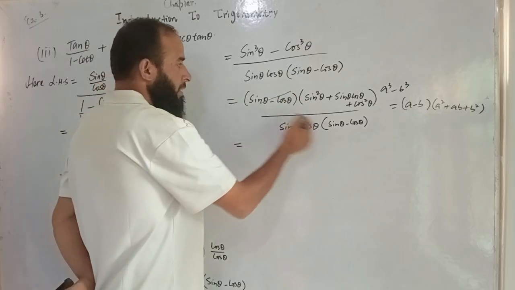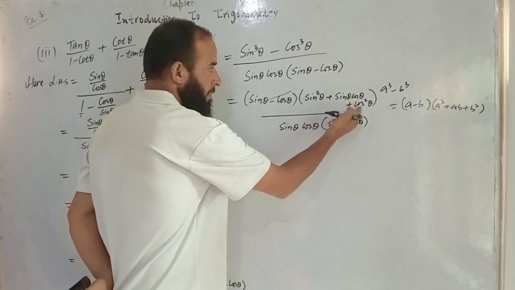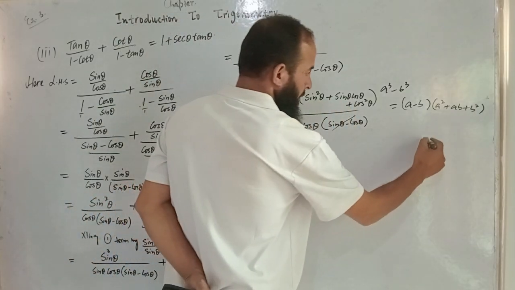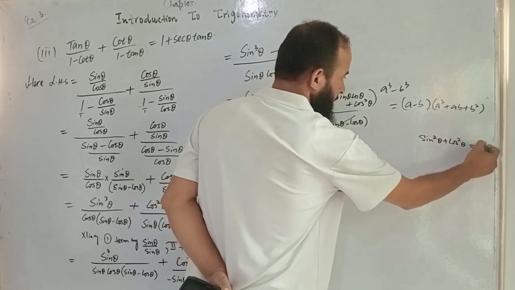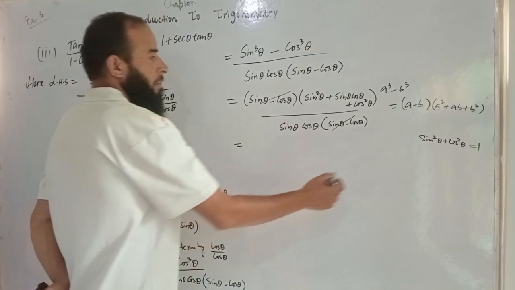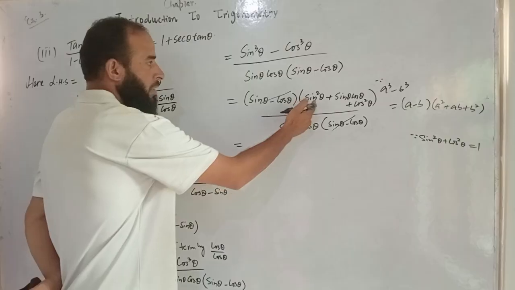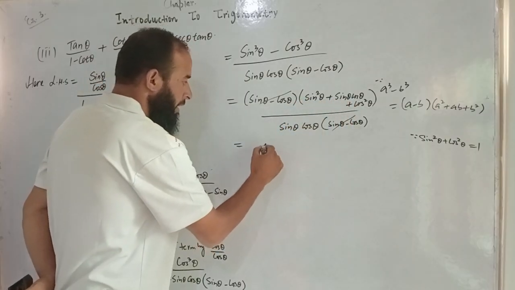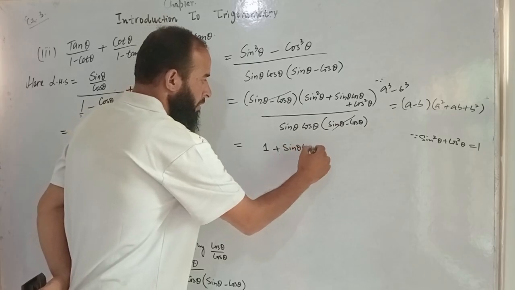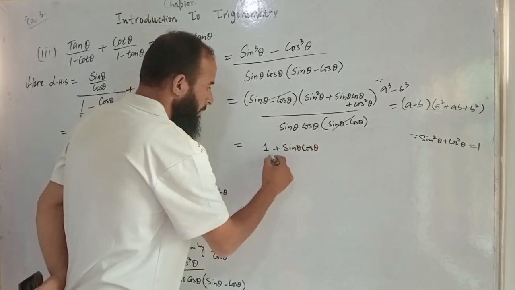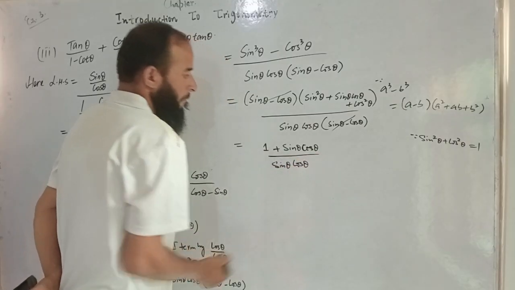So this term and this term will go, and what is sin square theta plus cos square theta? We know that sin square theta plus cos square theta is equal to 1. Here we have used this identity, so it is 1, then plus sin of theta cos of theta upon sin of theta cos of theta.